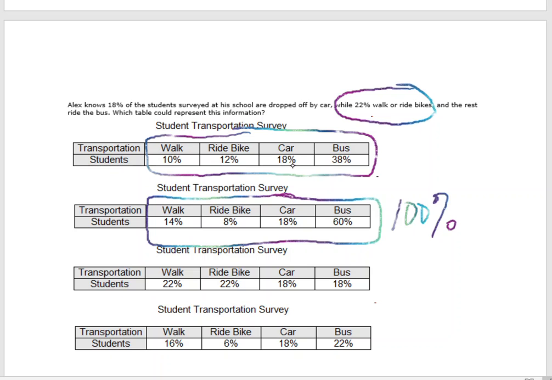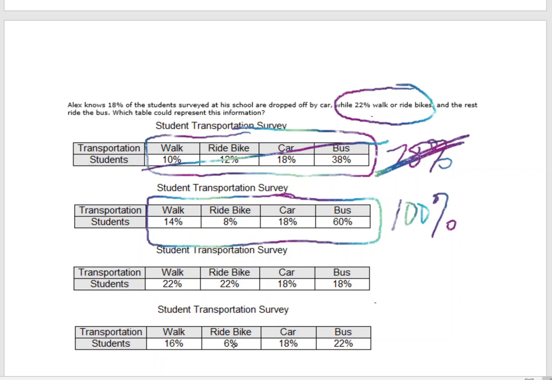Let's look and see if the other ones add up to 100%. 10 plus 12 is 22. 22 plus 18 is 40. 40 plus 38 is 78%. So you can't have a total of 78% because percent is out of 100. Where would those other 22% be if you only had walk, ride, car, bus?